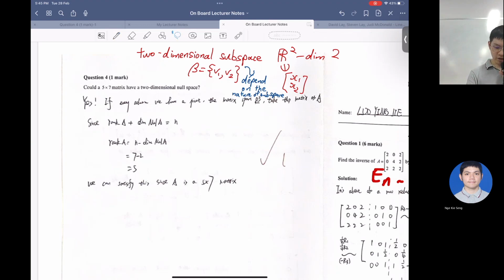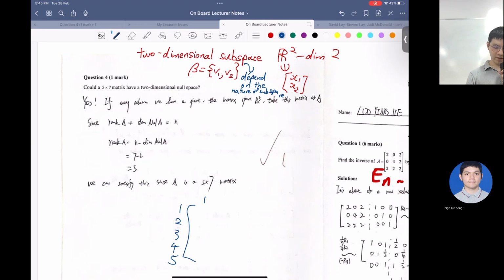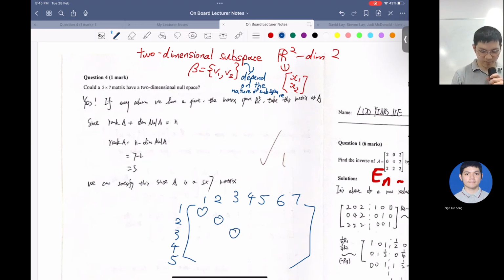Okay. So can a 5 times 7 matrix have a 2-dimensional null space? So 5 times 7 is what? 5 rows and 7 columns. So at most you can get 5 pivots.